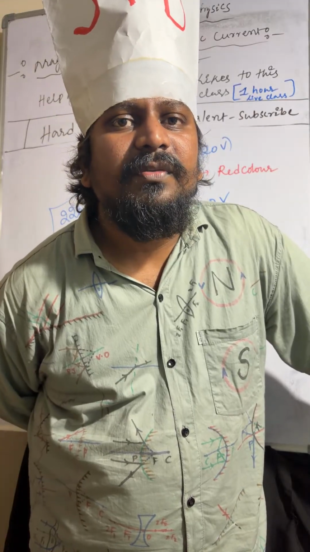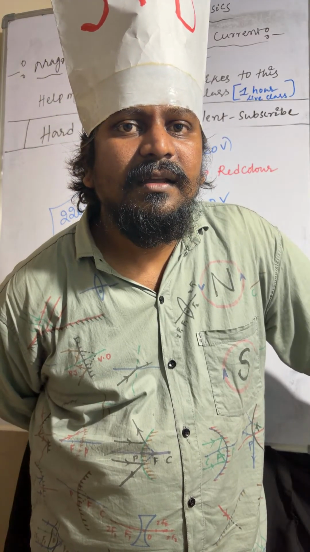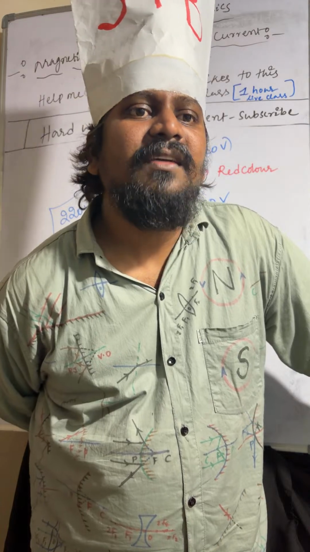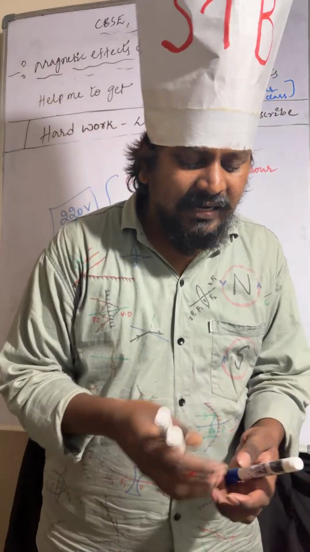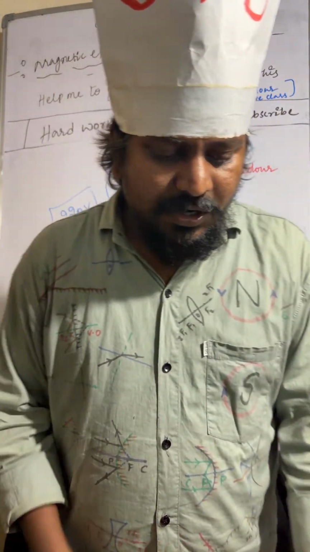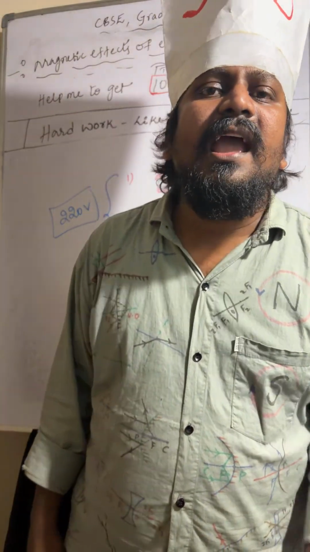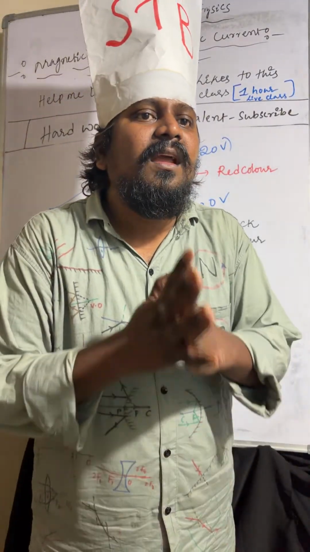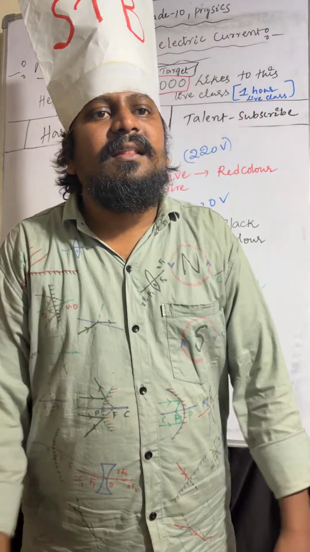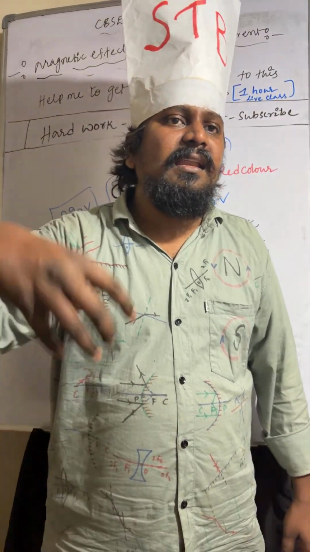So this is about magnetic effects of electric current. A current carrying conductor produces, behaves or acts as a magnet. That is called a current carrying conductor.